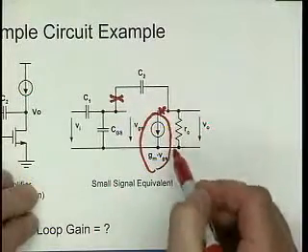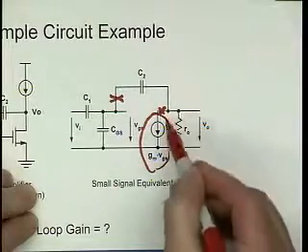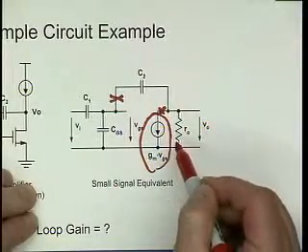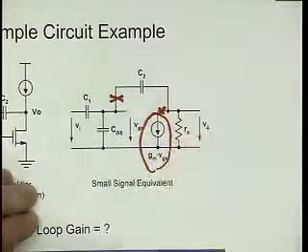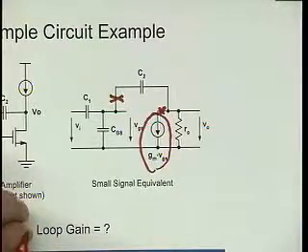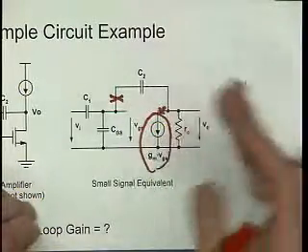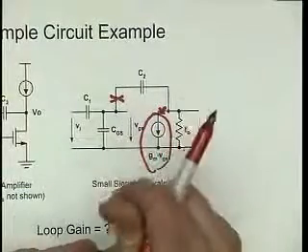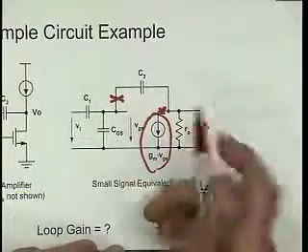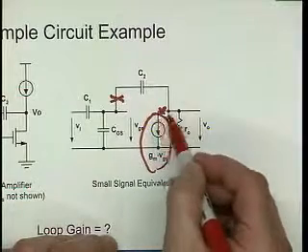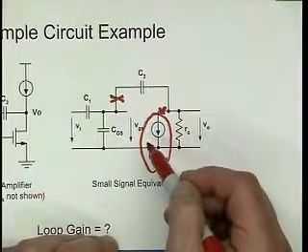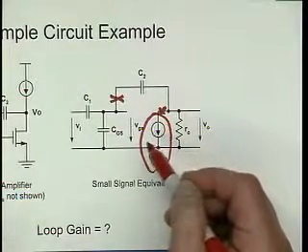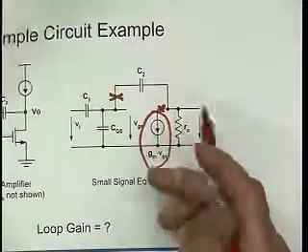It's not really ideal because of its finite output resistance, but I put that on the other side of the breaking point, and I can do that because of my model. So this part really is an ideal current source, and the current flowing out of it doesn't depend at all on how I load it. It puts out its current because it's ideal.